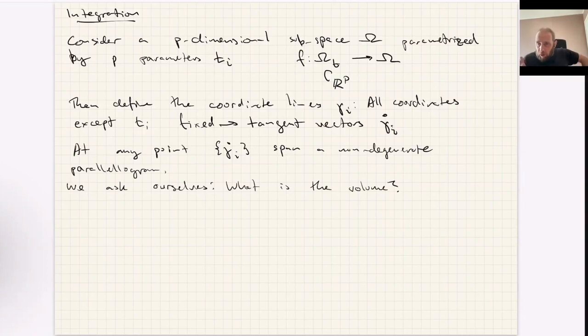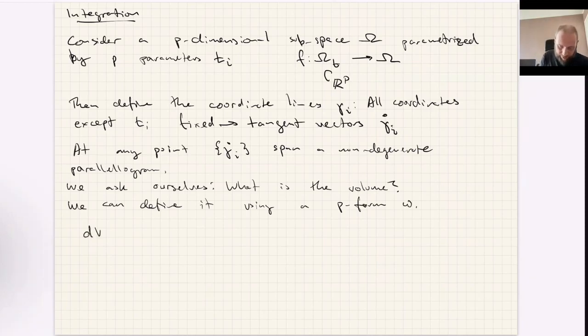Well, if we have a volume form, so a P form, which I'm going to call omega, we say that the p-dimensional volume element is just omega of gamma 1 dot, gamma 2 dot, up to gamma p dot, dt1, dt2, and so on, up to dtp.